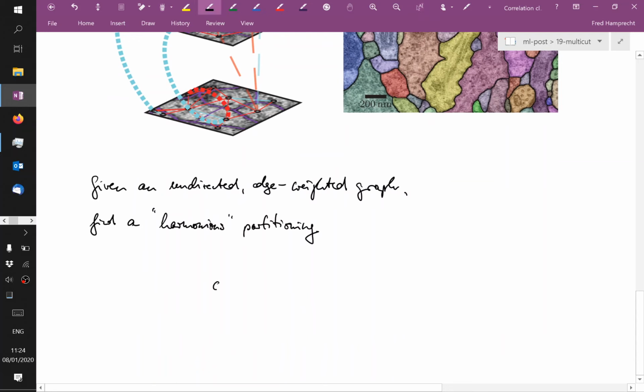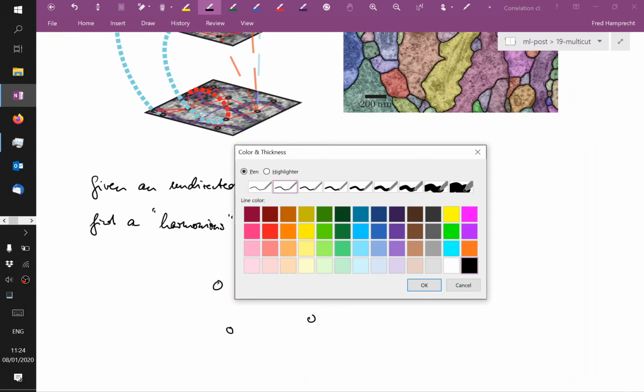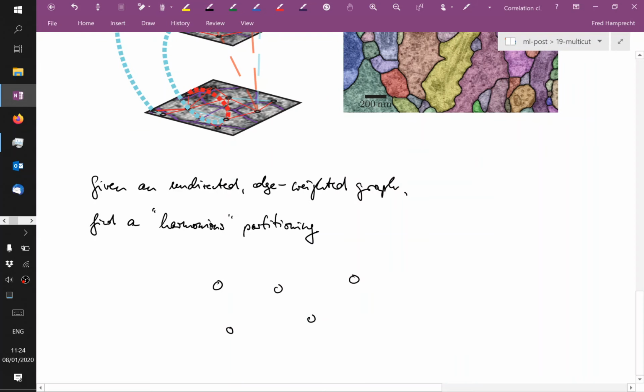So in such a graph, we have a couple of nodes, or sometimes these are called vertices, and then we can have interactions. I'm going to try and use colors that are friendly for red-green blind people. So let's say perhaps these are attractive interactions here.